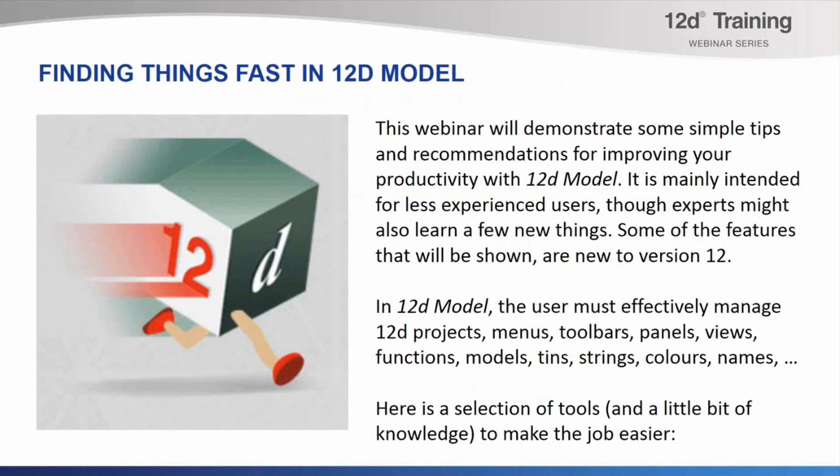These are things that I and many other 12D trainers regularly show at our training courses, and they're not necessarily specific to any particular discipline. They're just things that are good to know about 12D that are going to improve your productivity. Less mouse clicks, more knowledge of how the system works, good practice on conventions and things like that, and hopefully they will improve your experience with using 12D.